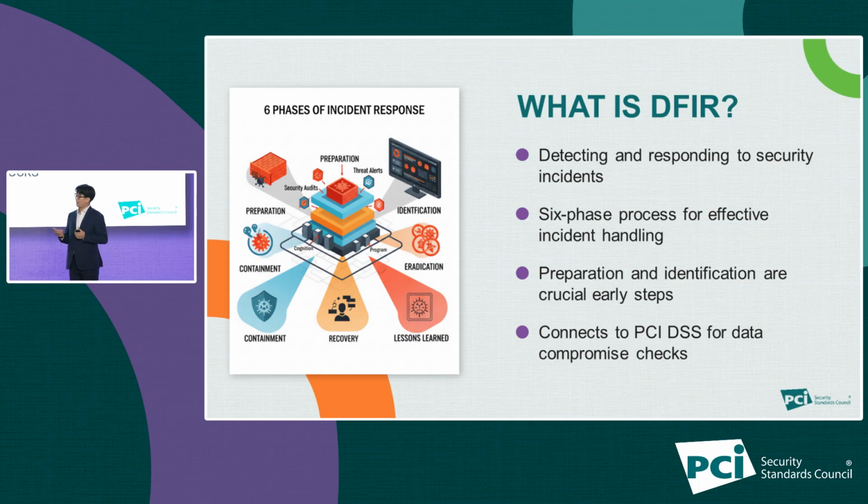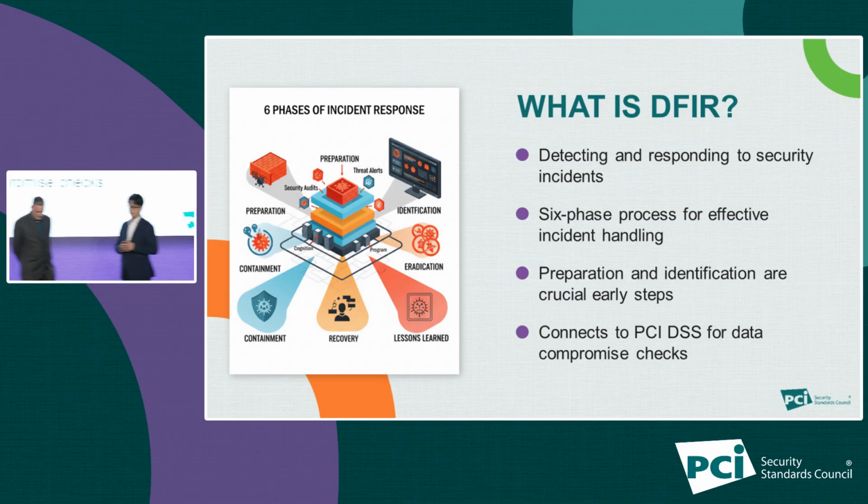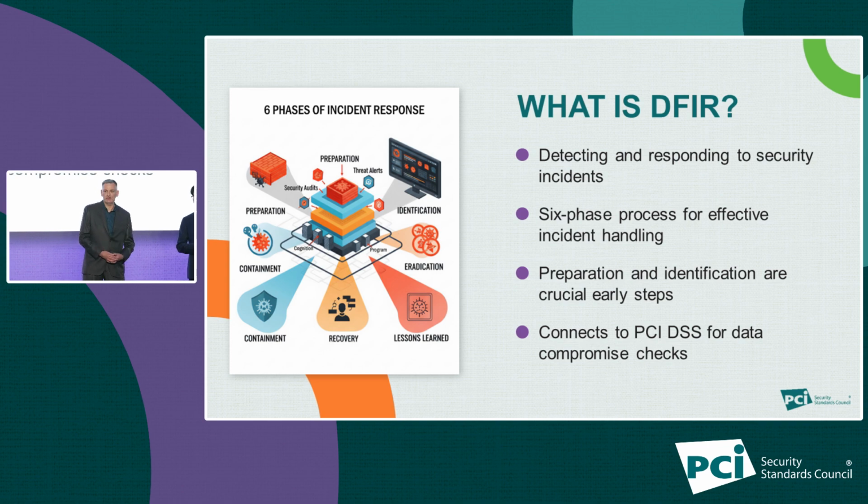So, Andy, can you explain to us what DFIR is? So DFIR can be broken into 2 key components: digital forensics, which we can summarize very simply as the preservation, analysis, and presentation of electronic evidence; and incident response.